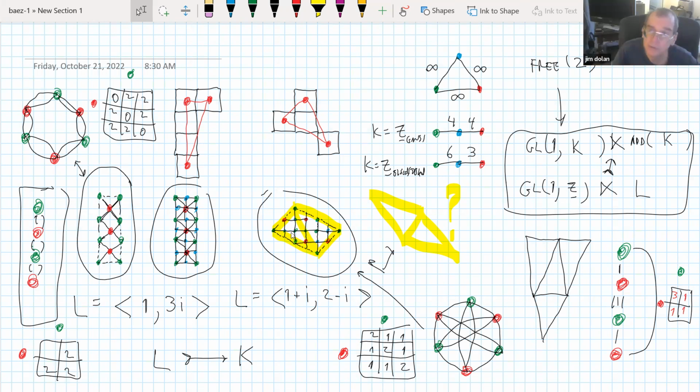And that's the picture that I want you to draw. If you mod out that thing by the Z mod 2 action, it should be topologically a two sphere.